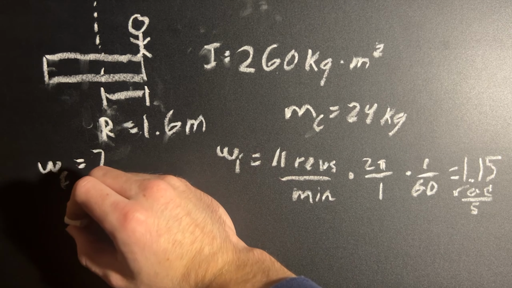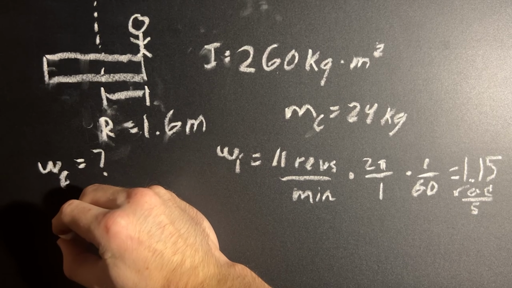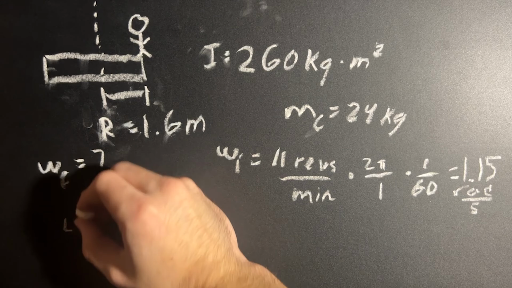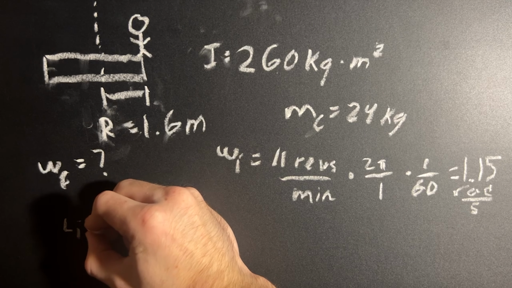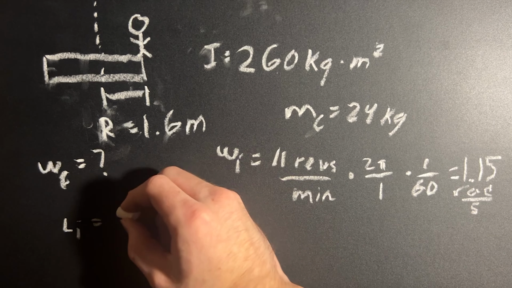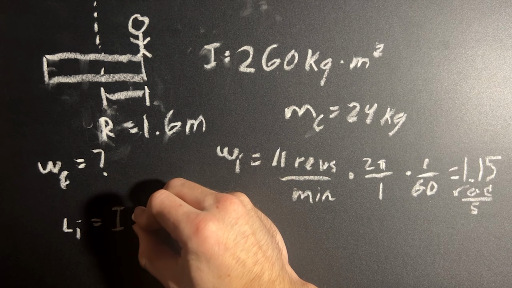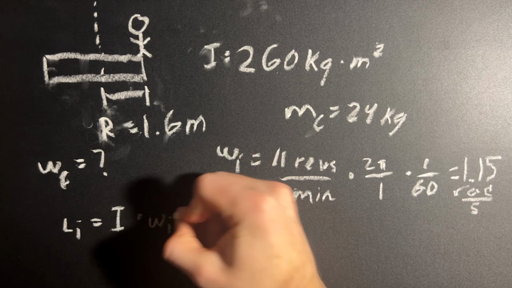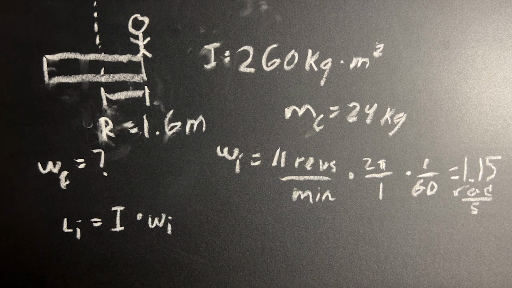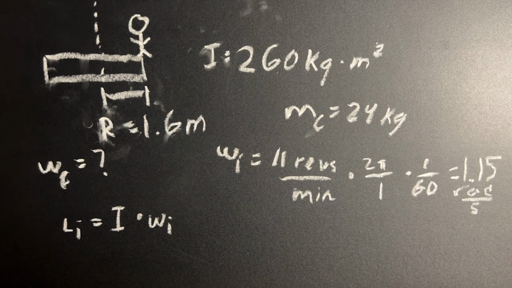So the initial angular momentum equation is L, we'll add a subscript, L initial equals moment of inertia times the initial angular velocity. Now, to apply conservation of angular momentum, we can take this equation and set it equal to angular momentum final.